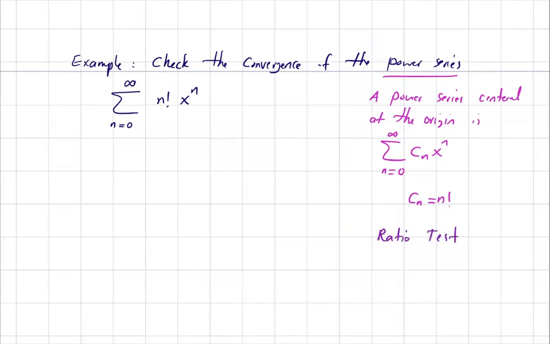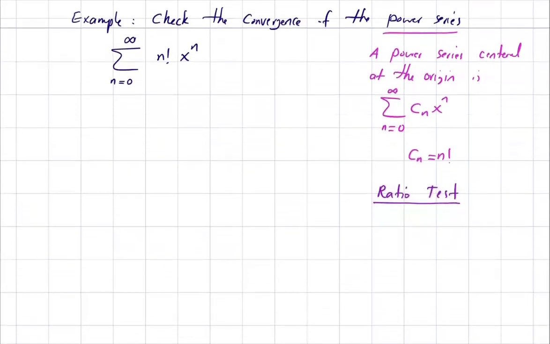The ratio test helps us analyze the convergence and divergence of this power series. So you take the general term, find the limit of a sub n plus 1 divided by a sub n as n goes to infinity, and your L must be less than 1.